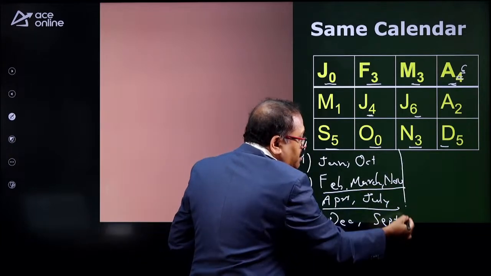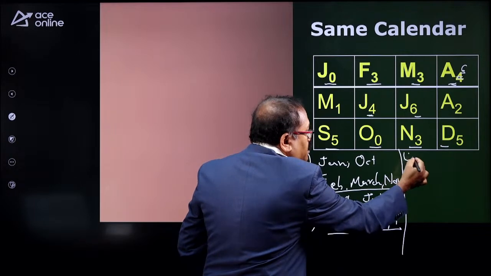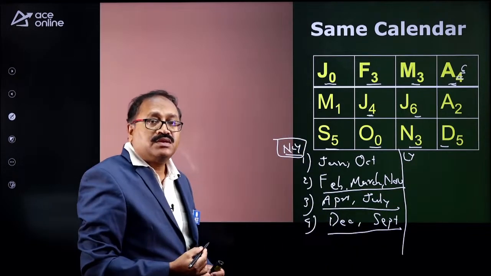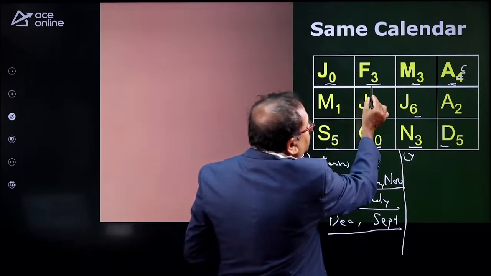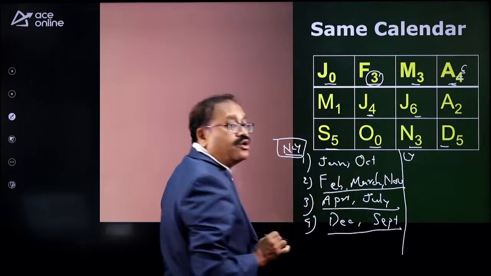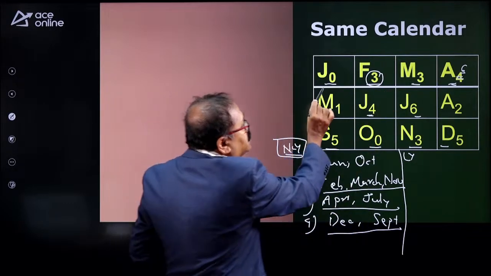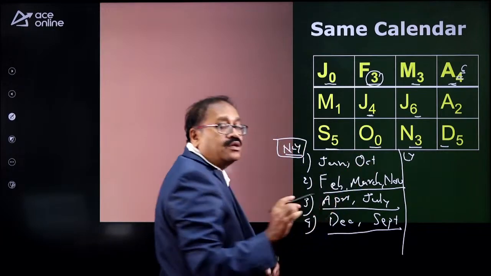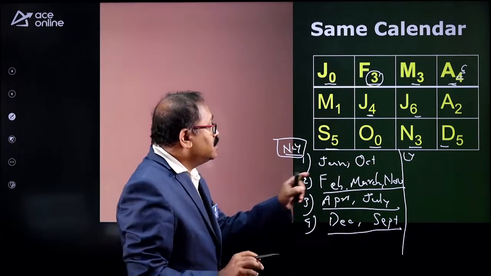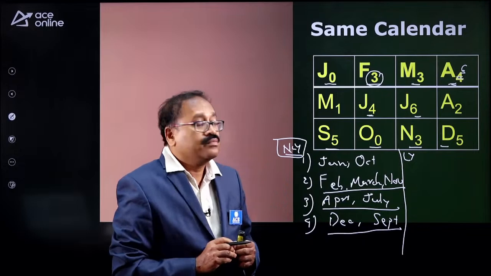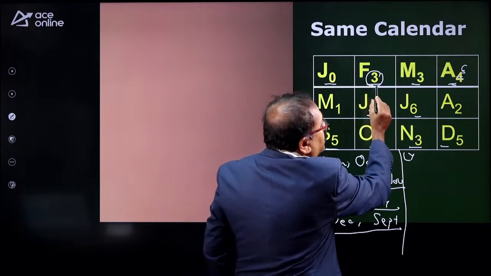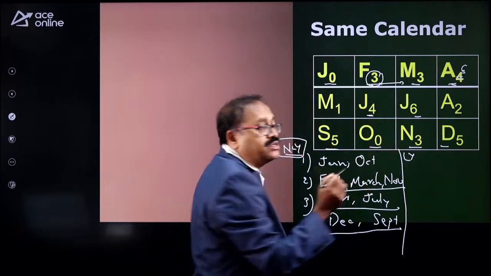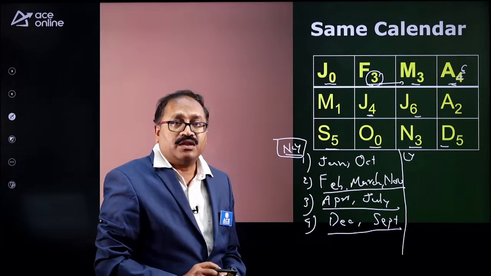How about a leap year? If it is a leap year, then what happens? In that case, as February will have one extra odd day, therefore January and October will not have the same calendar in case of a leap year. Now February has 29 days, therefore February and March will not have the same calendar.